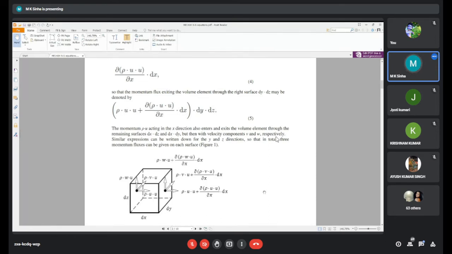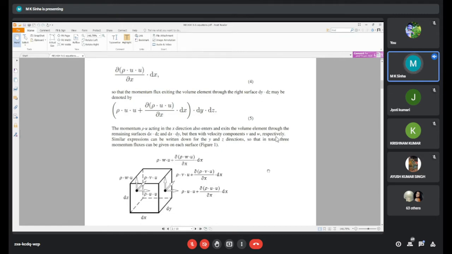So this is about the x-axis, and due to the fluid element length dx dy dz, from the Taylor series it is written here as rho v u plus del by del x of rho v u into dx. See, the velocity component is along the x-axis.